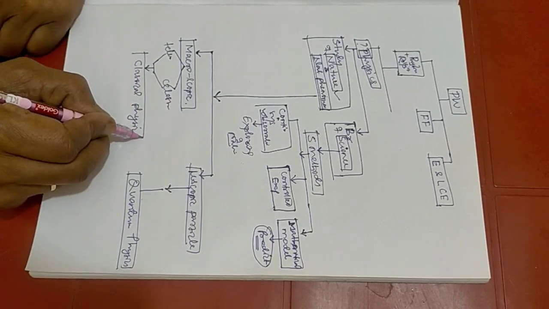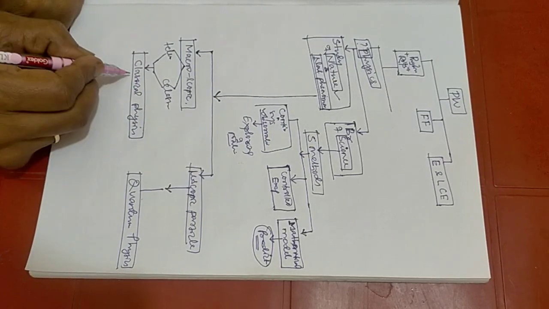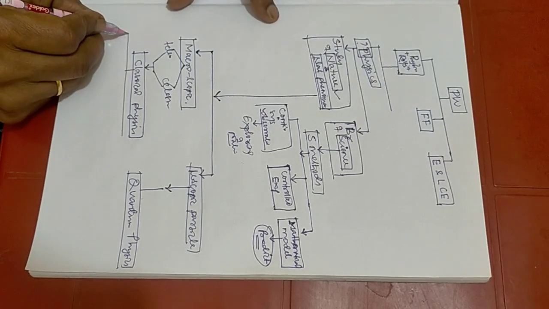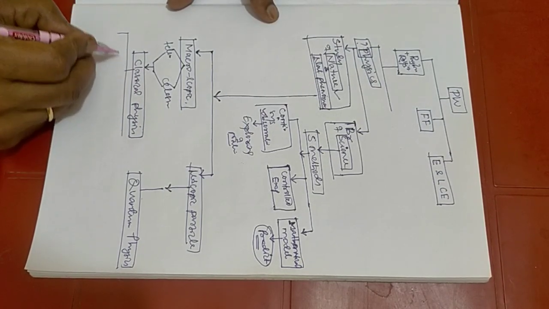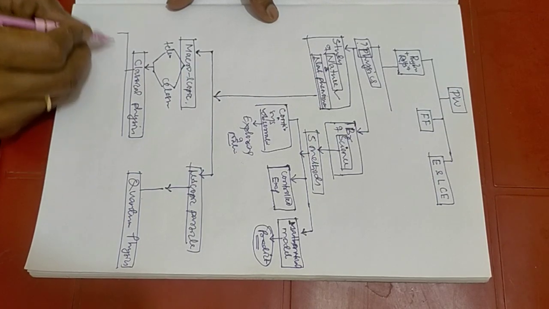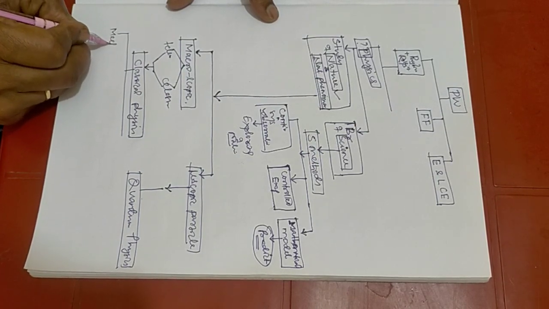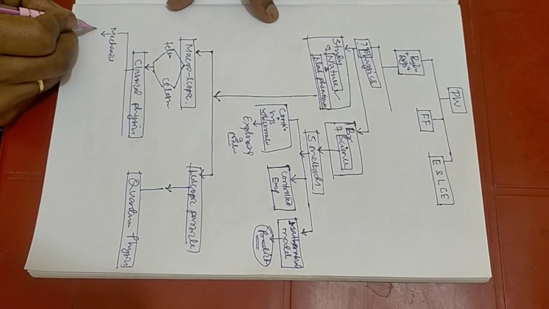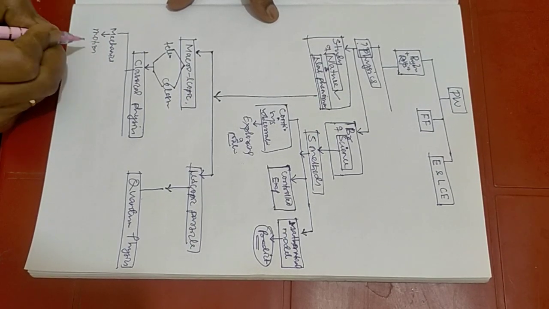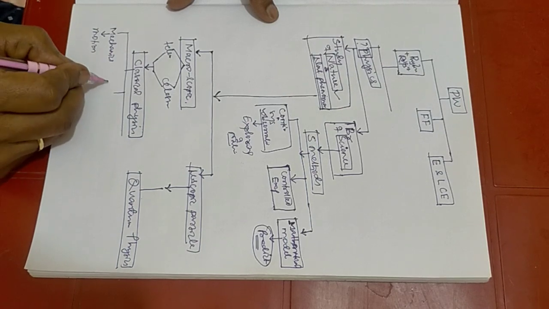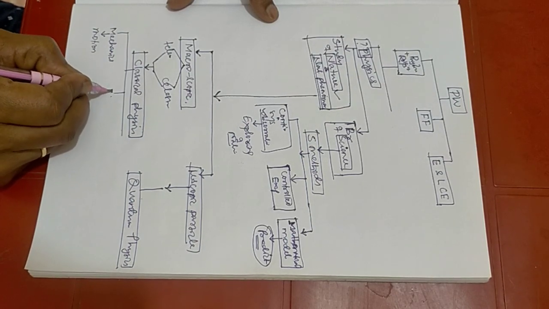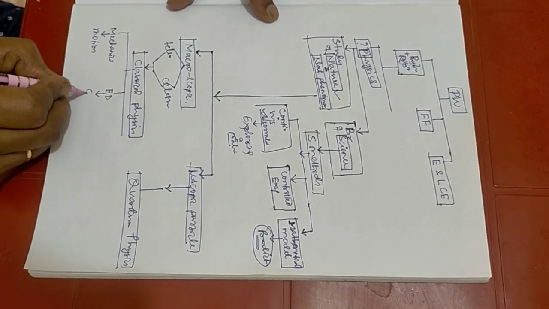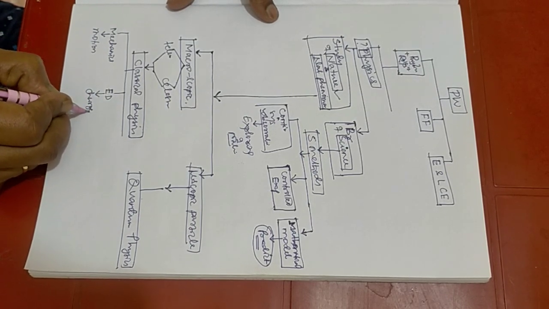This classical physics can be categorized into four categories. One will be mechanics. Mechanics will deal with motion of objects. Another one will be electrodynamics, that will deal with electric charges.